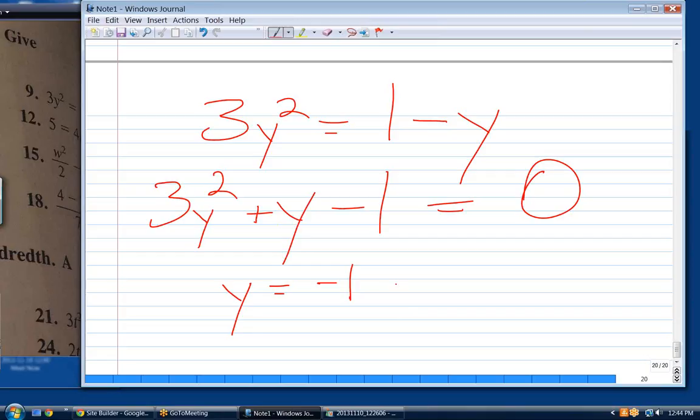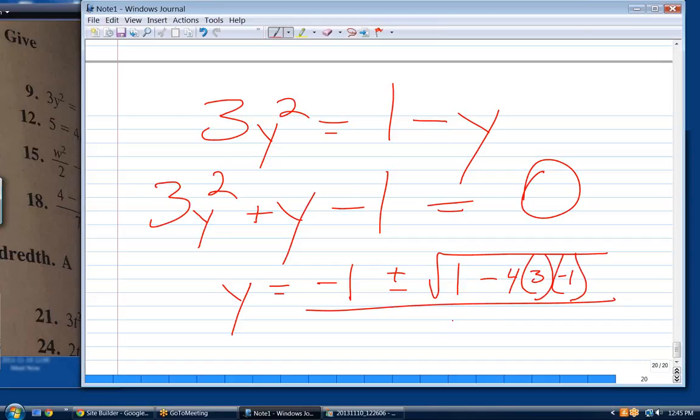It doesn't include the y. Okay, and plus or minus the square root of just 1 squared minus 4, 3, and negative 1, over 2 times 3, so 6.